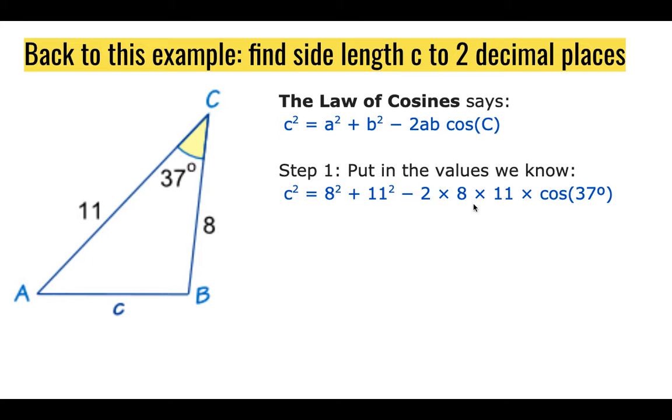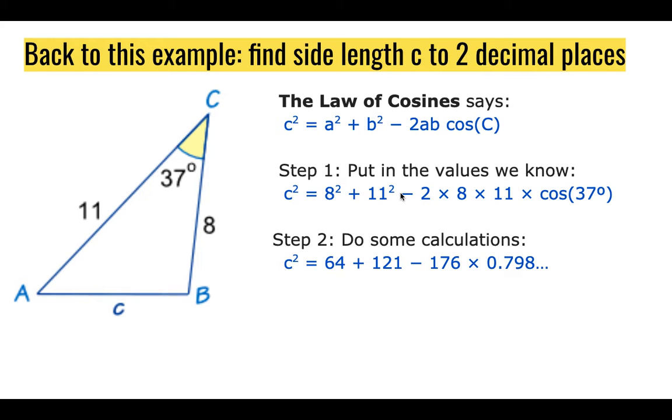Okay, so now we have everything put in, and now we need to do some calculations. I like to do this in groupings. I like to do this term first, so 8 squared is 64, 11 squared is 121. And then what I like to do is the 3 terms in front of the cosine. I like to multiply those together first.